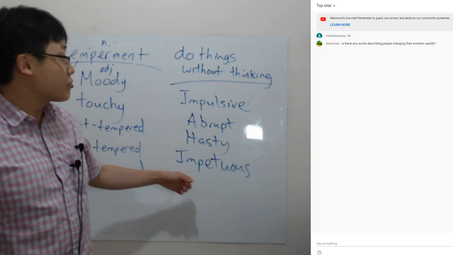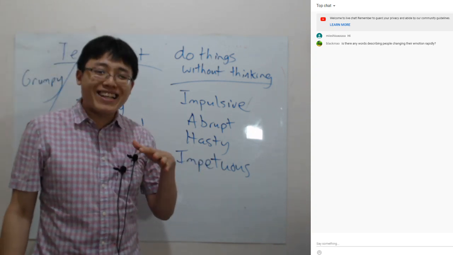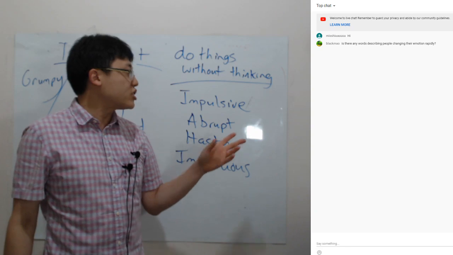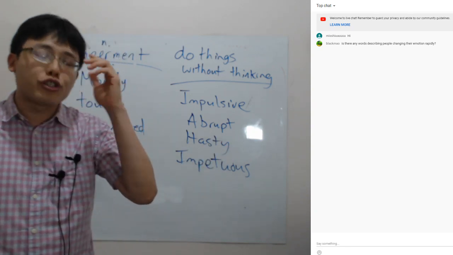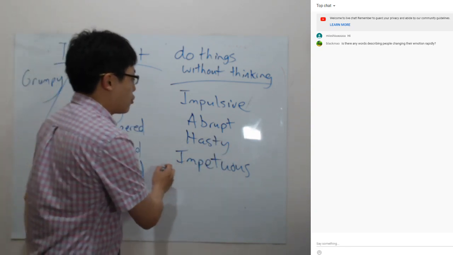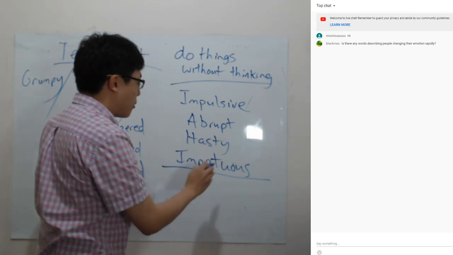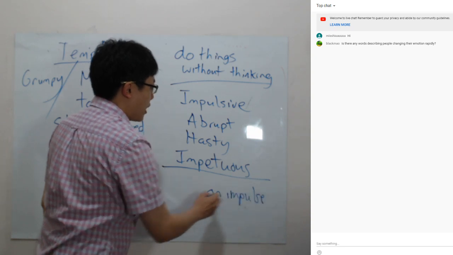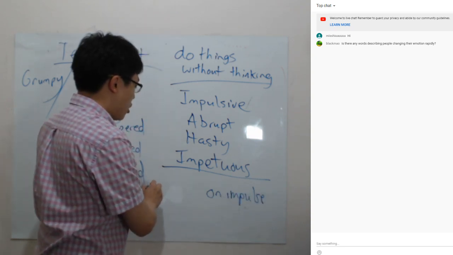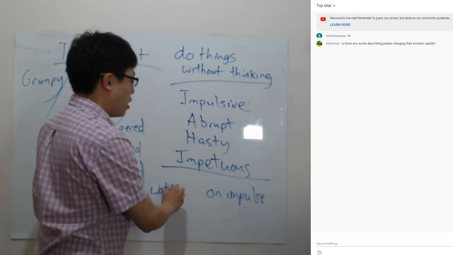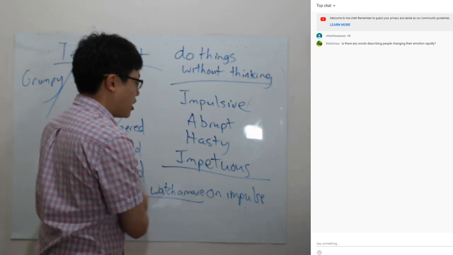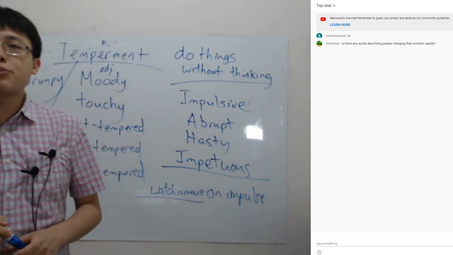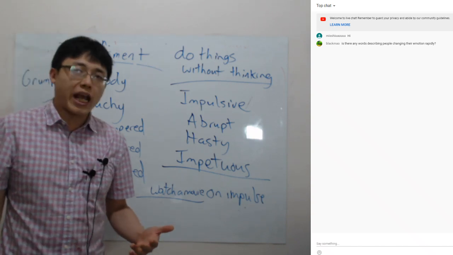Now, this is a characteristic, so it would be for someone who's usually like that. There is also a phrase: if you do something on impulse, for example, you watch a movie on impulse, it just means that you do something without planning.